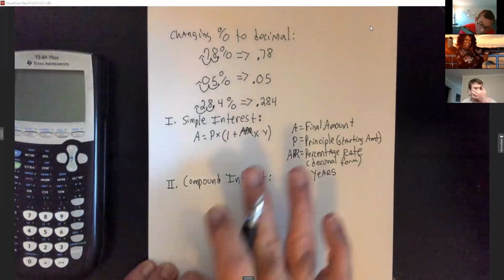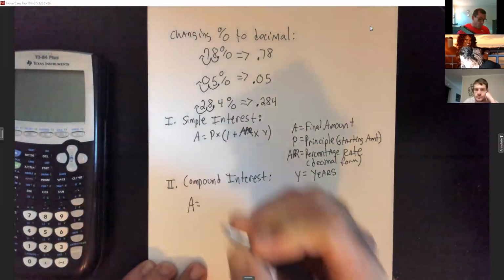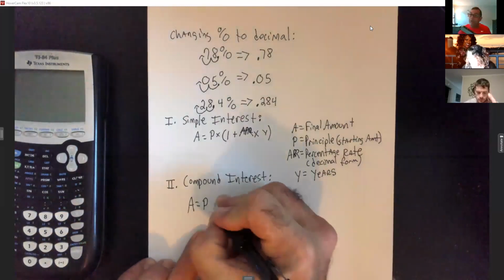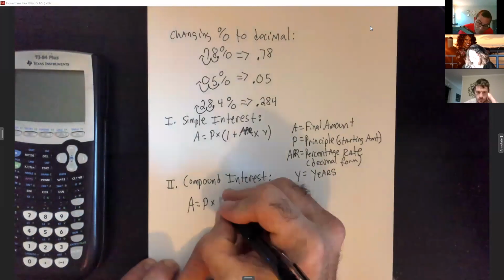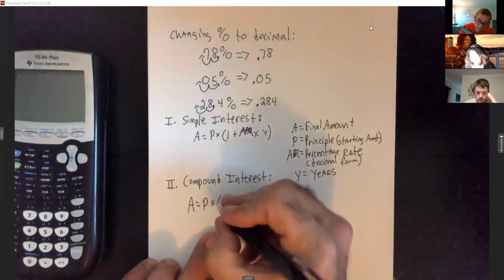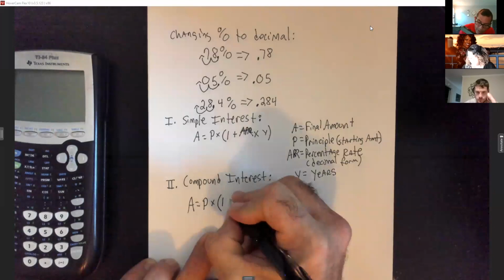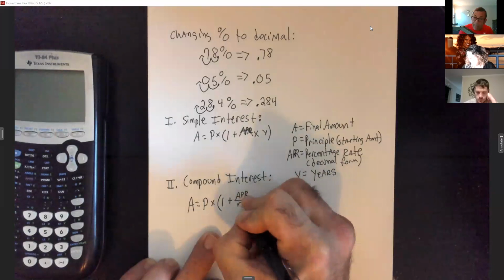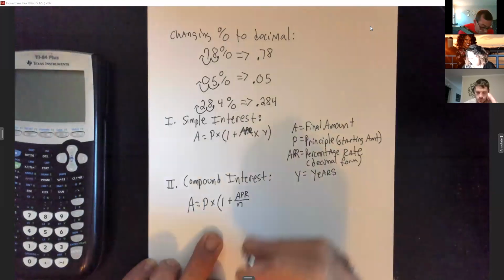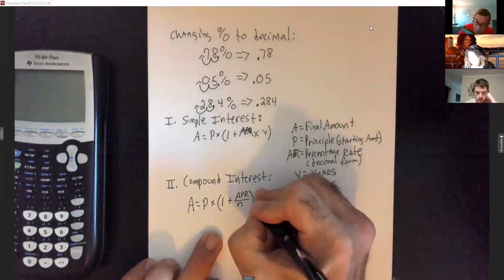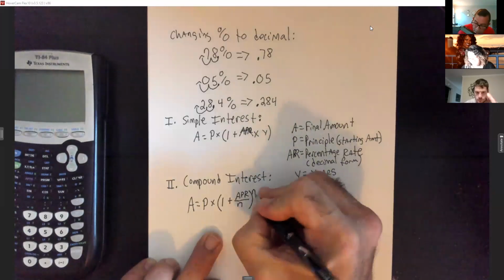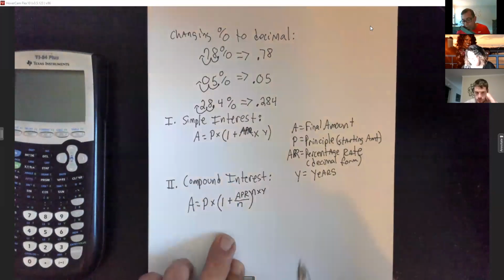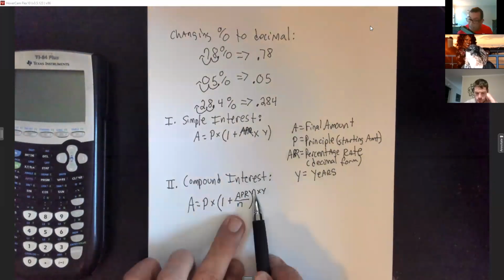So here we go. A, which is my amount, is going to equal P, which is our principal, times parentheses, 1 plus the APR divided by N. And then all this is raised to the exponent N times Y. So the new letter that we need to know is, what is the N?